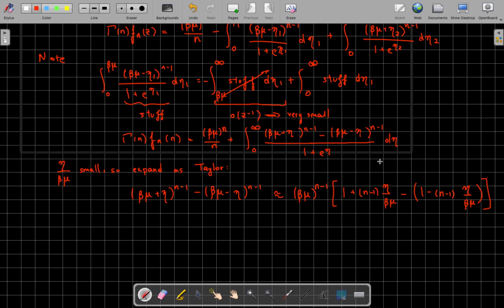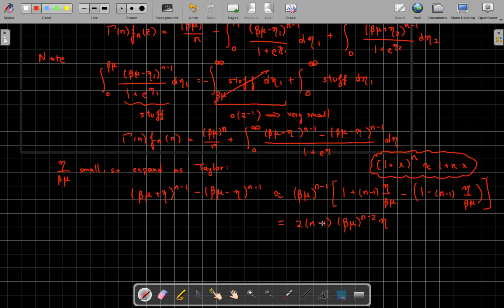Here we just use the famous Taylor expansion. 1 plus x to the power of n is approximately 1 plus n times x. Okay? Next, this simplifies easily, and you get 2 times n minus 1 beta mu to the power of n minus 2 eta. So essentially the 1's cancel and the n minus 1's don't.